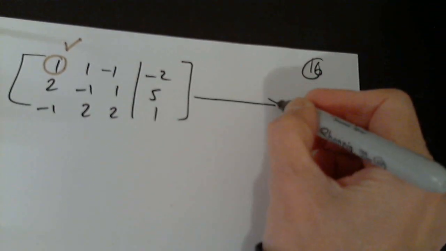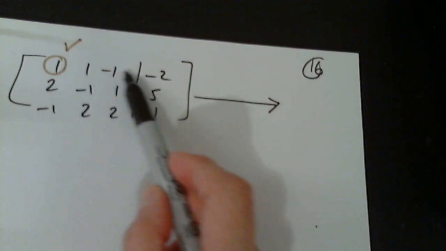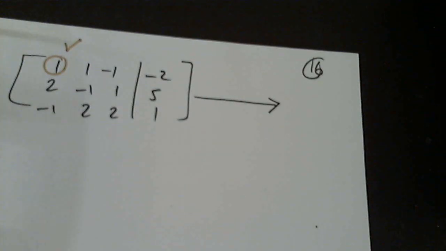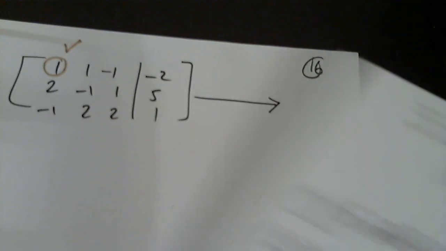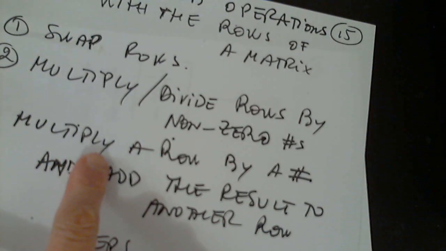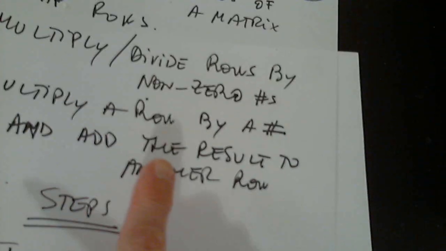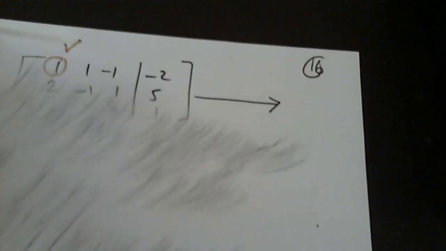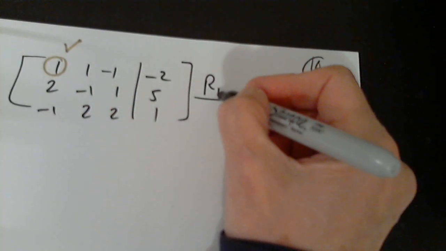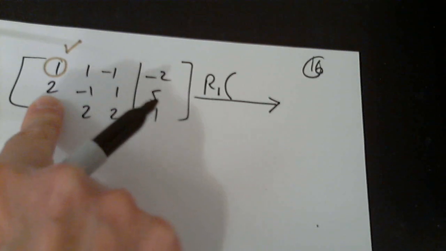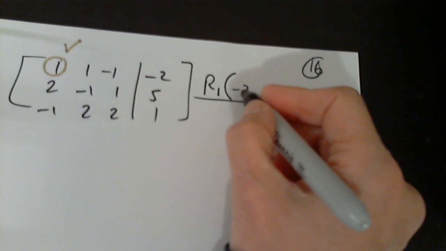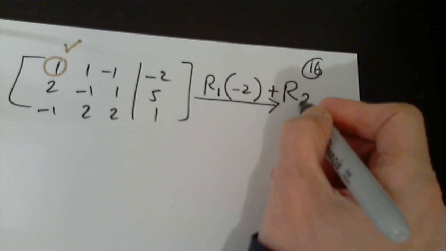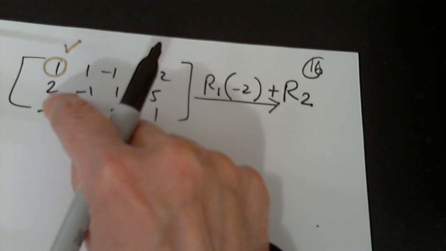So I will use this row to multiply it by a number and add the result to another row. So I will use row 1 to multiply it by negative 2 and add it to row 2 because I want a 0 here.